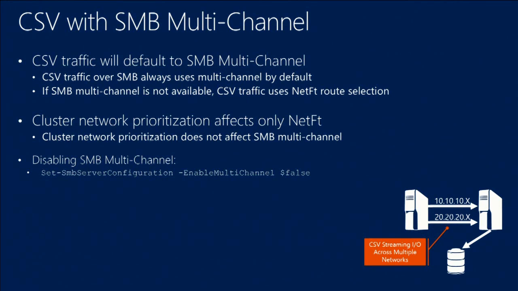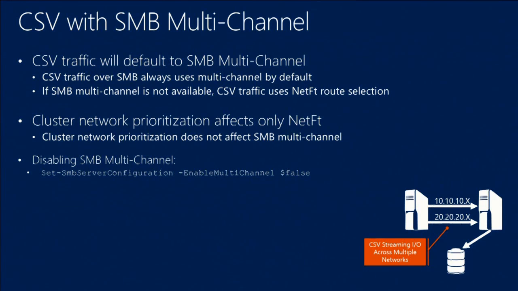SMB multi-channel then distributes that I/O over those 3 private networks, or however many private networks you may have. SMB multi-channel again has RDMA capability, NIC teaming awareness, as well as awareness of the speed of the NIC.